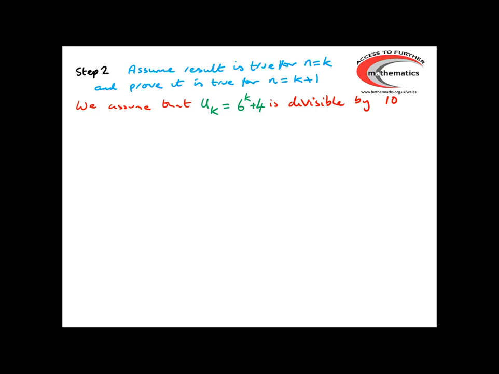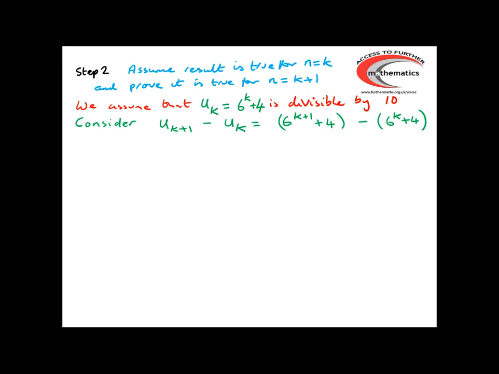Let's see how step 2 now looks. So we're going to assume the result is true for n equals k and deduce that it must also be true for n equals k plus 1. So we are assuming that we know that uk, which is 6 to the k plus 4, is divisible by 10. Now, what we are going to do here is consider uk plus 1 take away uk.